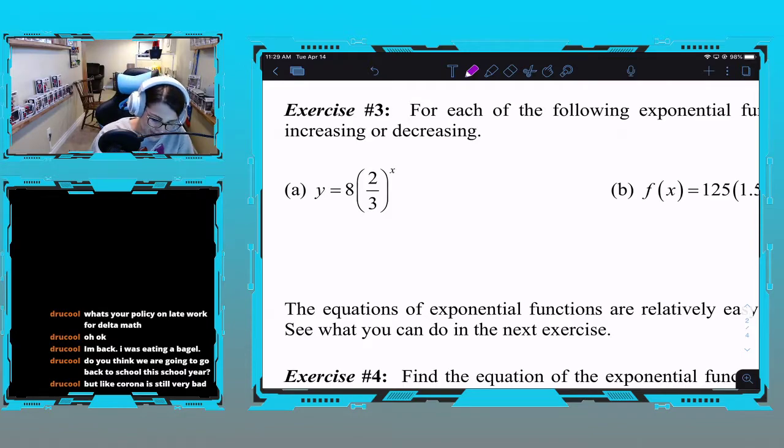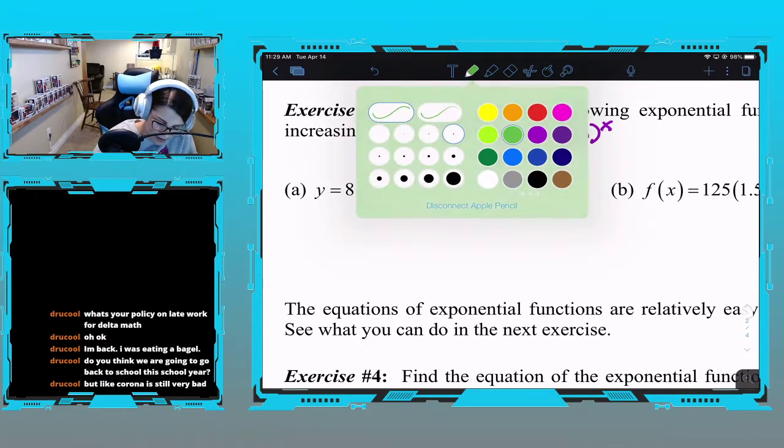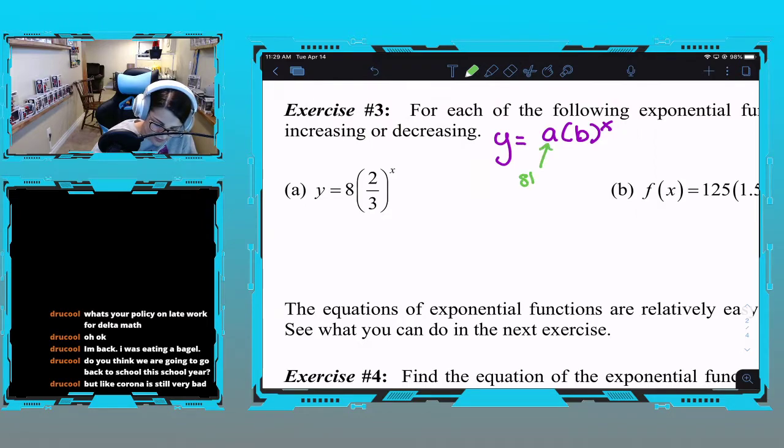All right, so we're going to determine just by looking at this what its y-intercept is and if it's growth or decay. So I'm just going to rewrite y equals a times b to the x, where remember, a is where we start, which is your y-intercept, and b is your growth or decay.